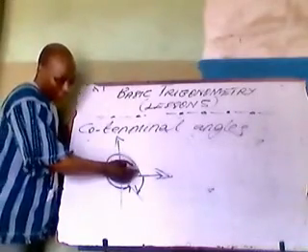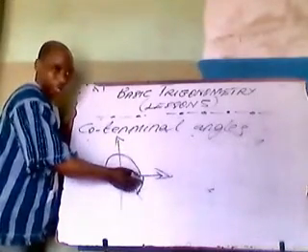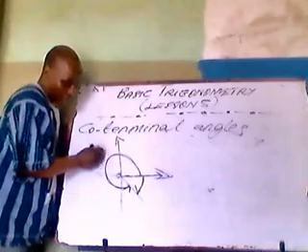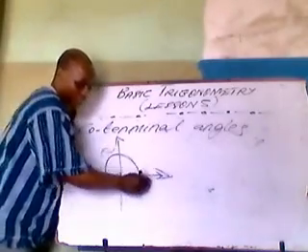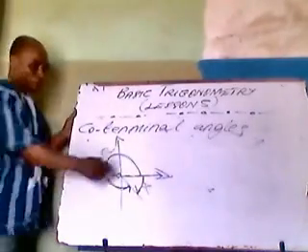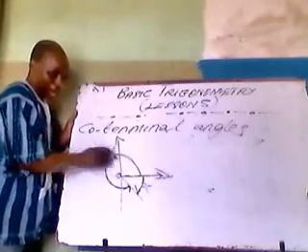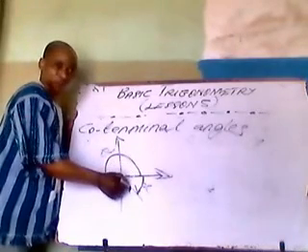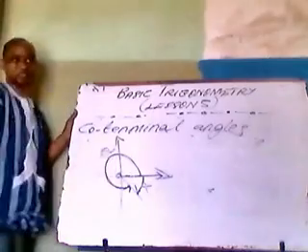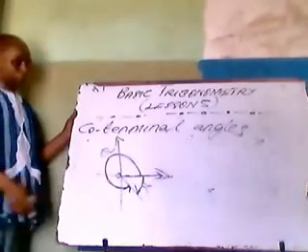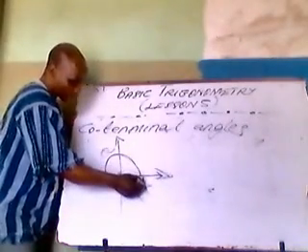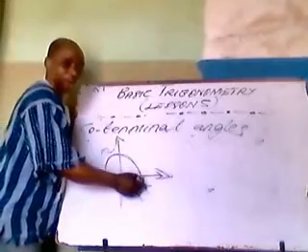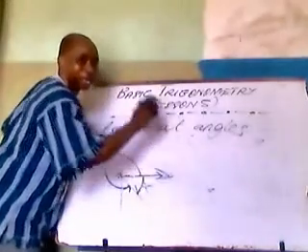So you see that these two angles, let's say this is angle theta and this is alpha, both have the same initial side, and they also have the same terminal side. So with this, we say angles theta and alpha are coterminal angles.